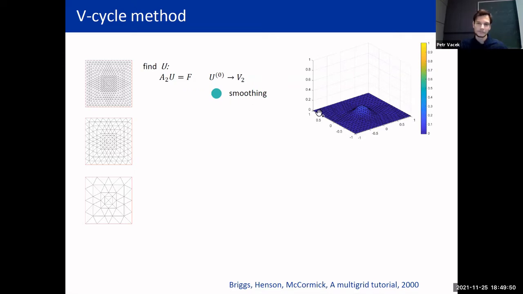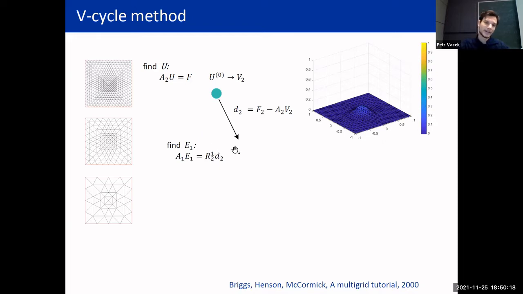After the oscillatory parts are eliminated, further smoothing iterations are less effective, and we will approximate the smooth parts of the error on a coarser level. We move to a coarser level by computing a residual and projecting it using the restriction operator.